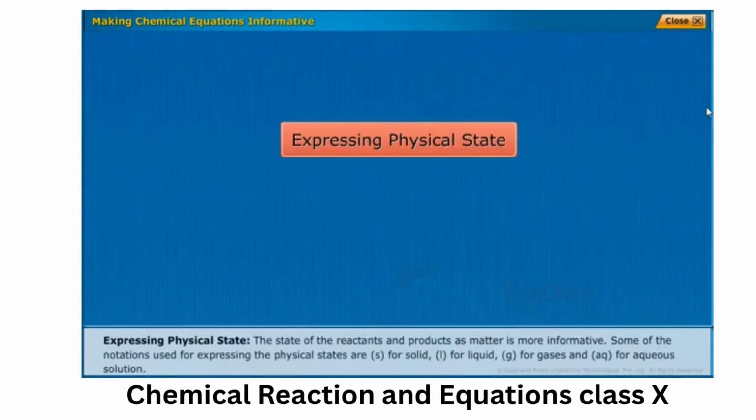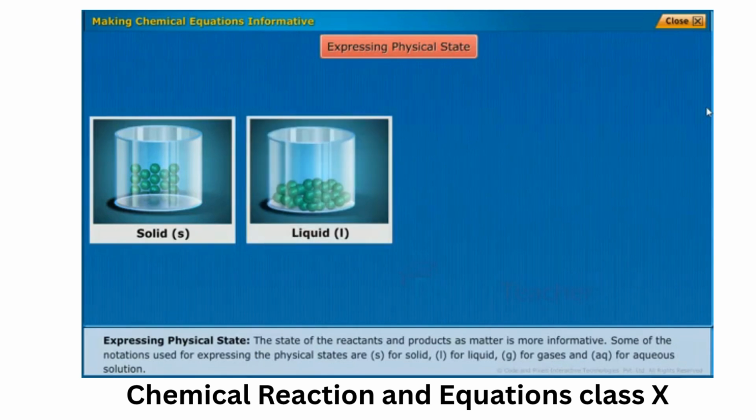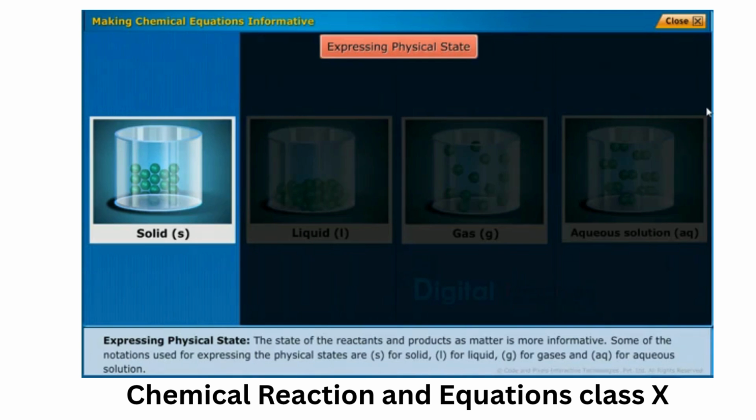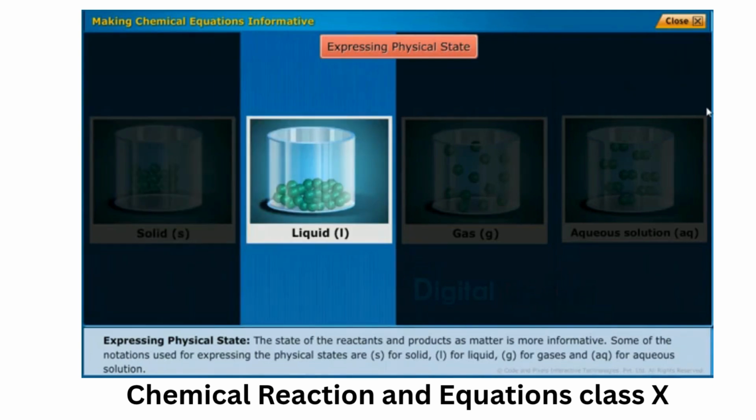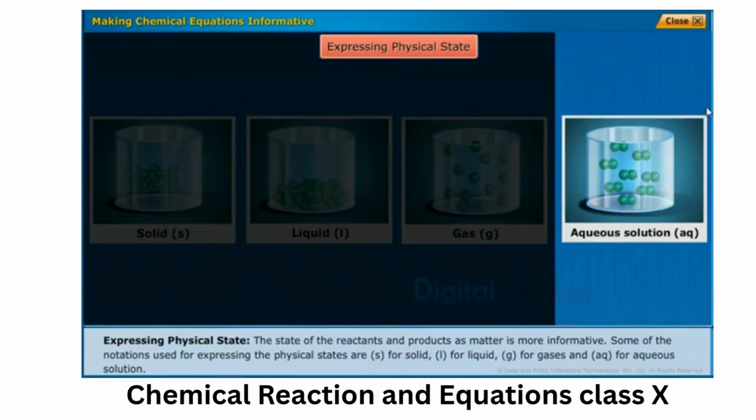Expressing physical state. The state of the reactants and products as matter is more informative. Some of the notations used for expressing the physical states are S for solid, L for liquid, G for gases, and AQ for aqueous solution.